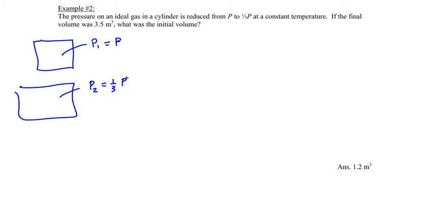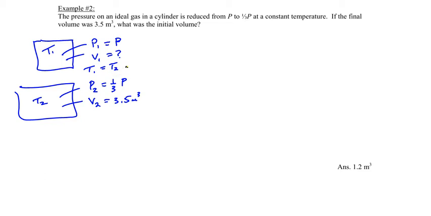And then we have an initial volume we'll call V1. We don't know what that is. We have a final volume V2. We do know that is 3.5 meters cubed. And we're told that the temperature T1 and T2 are the same.